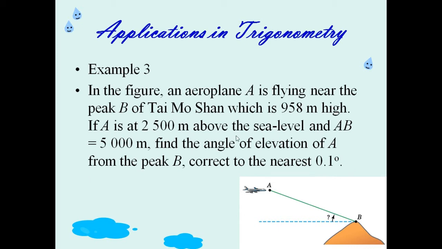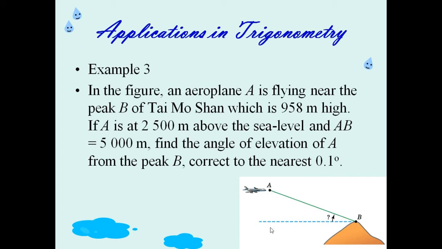In Form 3, if you want to find some angle in trigonometry, you must first find a right-angled triangle. But in this diagram, you cannot find it exactly, so you may try to find a figure which contains a right-angled triangle. From here, A and B are above sea level, so we can observe the sea level just like here.